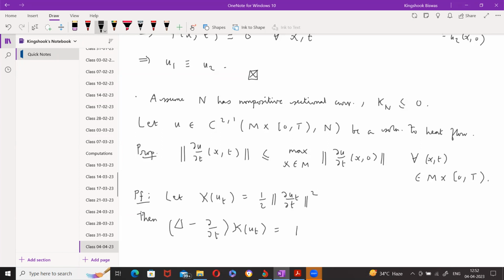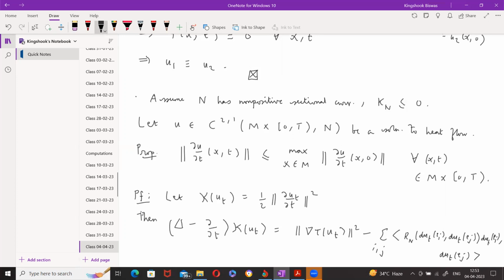This is norm of grad tau ut squared minus a sum over ij of the inner product of Rn of dut ei, dut ej acting on dut ei with dut ej.